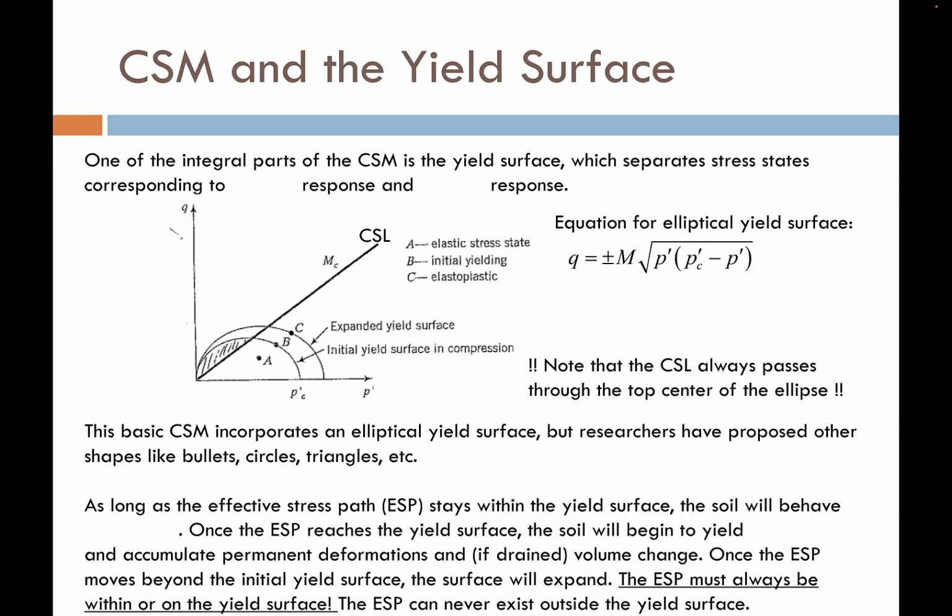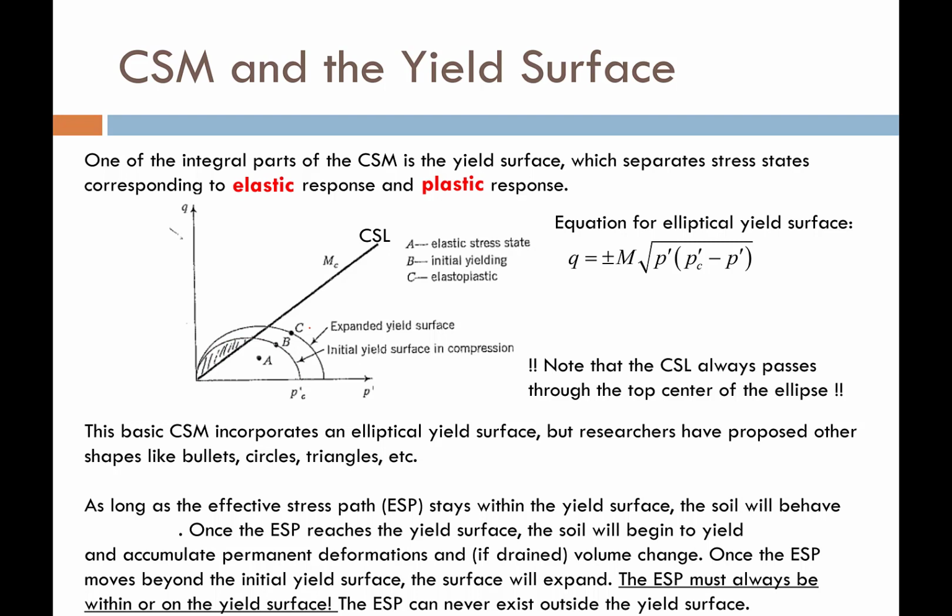So back to this plot of this yield surface. This yield surface is going to separate the states that correspond to elastic behavior, which is everything inside of the yield surface, from plastic behavior, which is what happens once you reach the yield surface. You start to have plastic behavior.